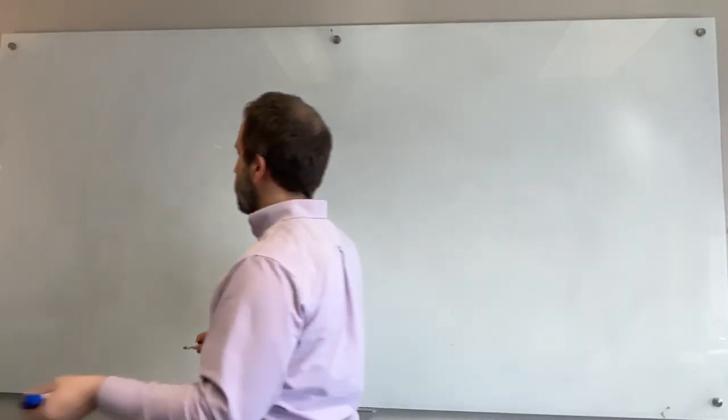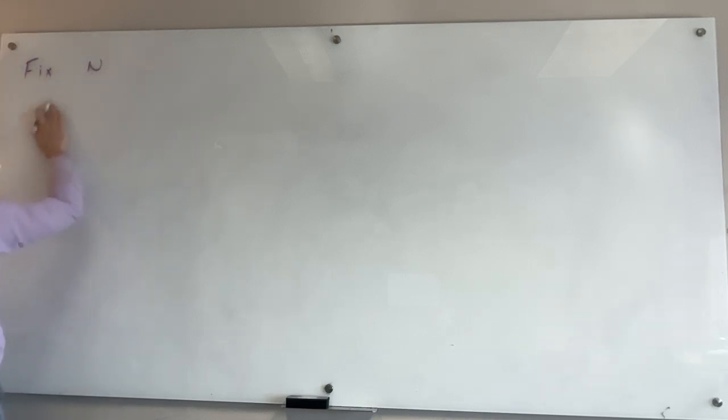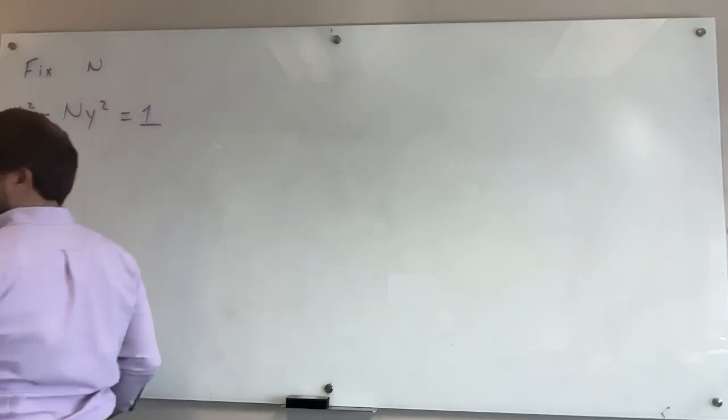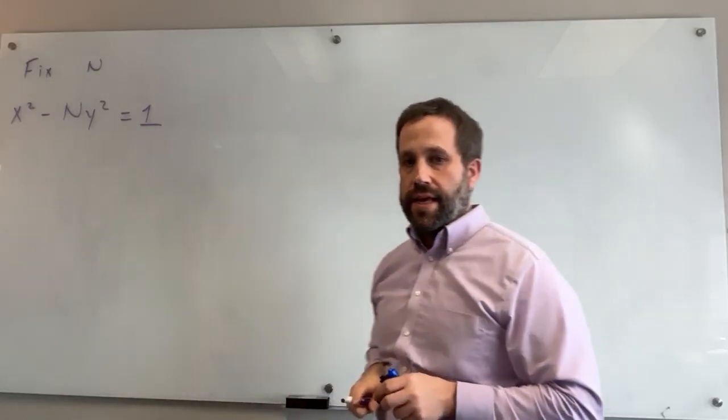Okay, so let me just write what this equation is without anybody's name. We're going to fix an integer n, and we want to solve the equation x squared minus n y squared is equal to 1, where n is some fixed positive integer.